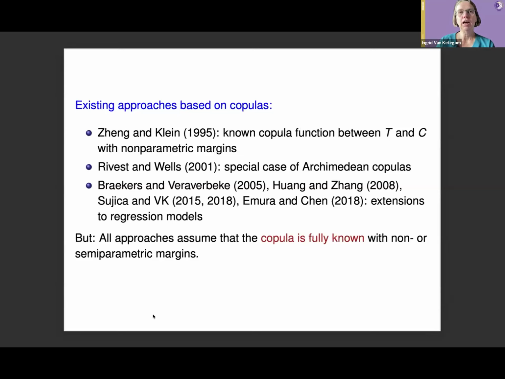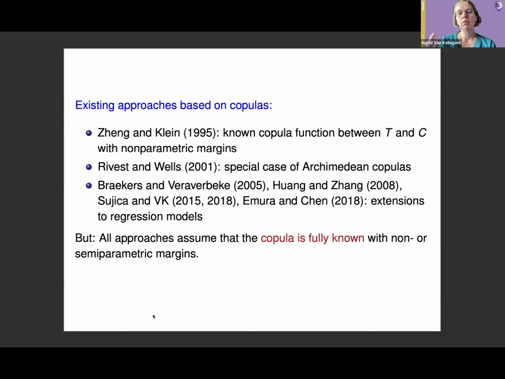So it means that you have to know how strong the association between T and C is. And in practice, usually you don't know that. You might have an idea whether it's positive or negative or zero, but the precise value you usually don't know.